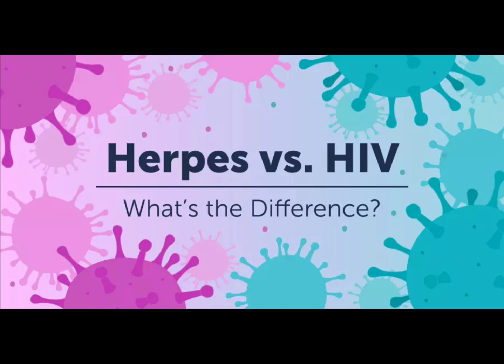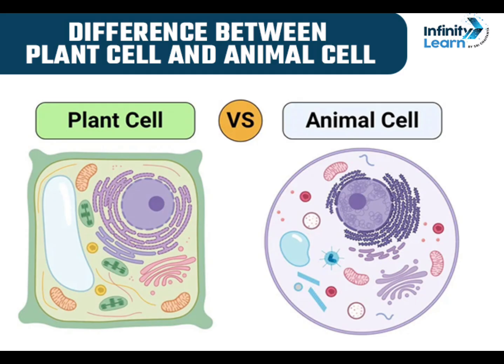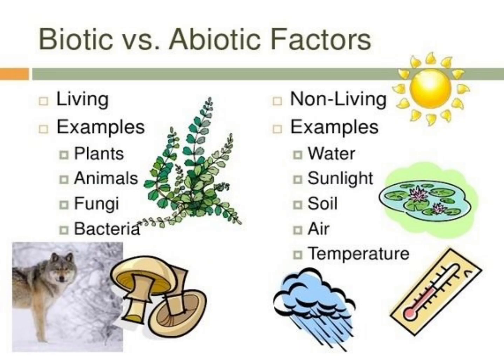So the first topic in the biology section is on cells and ecology. Usually in combined science paper 1, the first question is going to be on cells and ecology. You should be able to distinguish physical and biological components of an ecosystem. The physical components are also known as abiotic and the biological components are known as biotic.